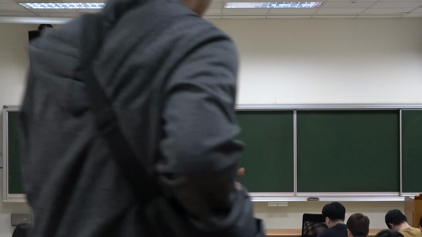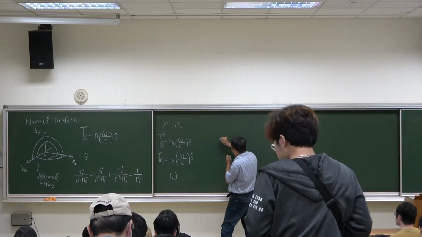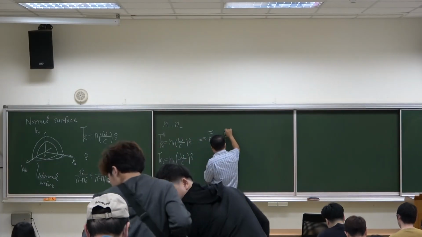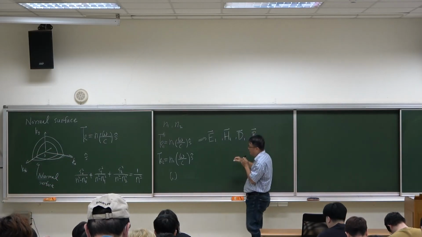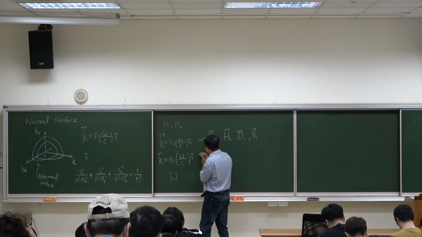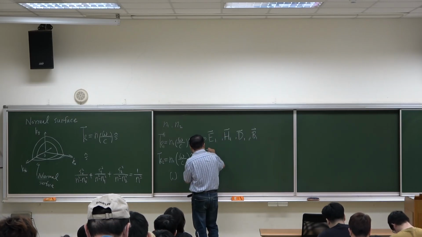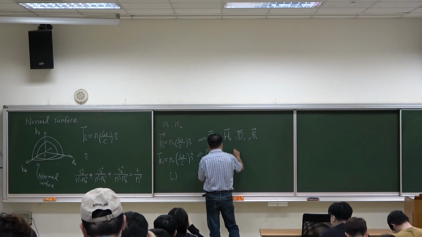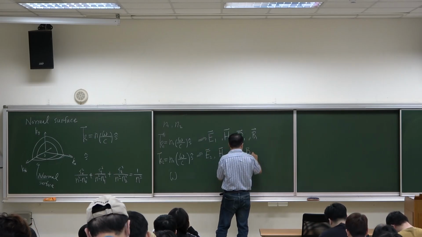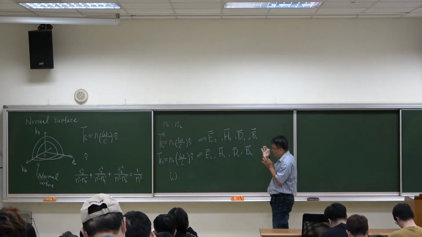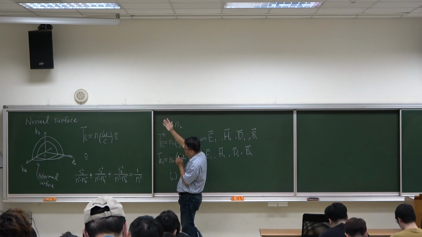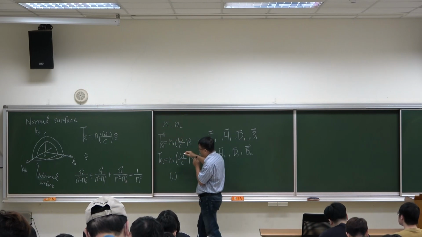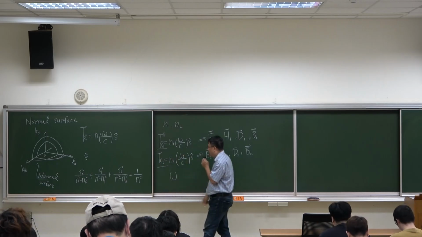Once you know the refractive index, you can find the corresponding electric field, magnetic field, B field, and E field. Okay? So you can use these corresponding fields to find two things. First thing is about how the phase propagates. The phase propagation is described by the k vector.